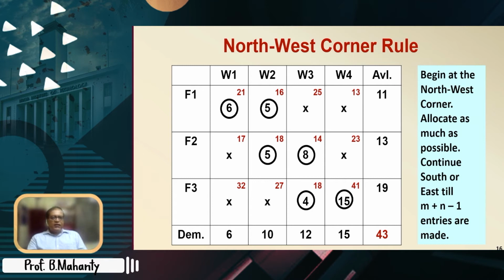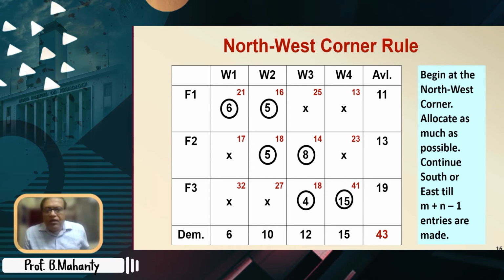If you go this side, the total is 10 and from this side the total is 13. So 5 can be entered. Again we put a cross here. Then we go this side, this side total is 12, this side total is 13, 5 is already there, so we put an 8. And then we put a 4 here and 15.